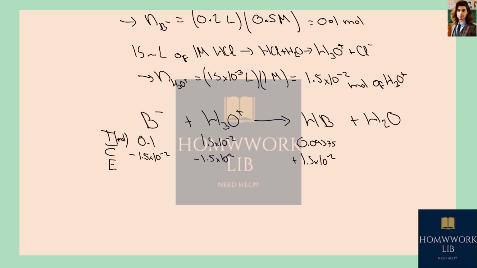At equilibrium, I'm going to get 0.085, or let's do everything in scientific notation, 8.5 times 10 to the minus 2, something close to 0 for H3O plus, and finally 0.10875. And all of this is mole.